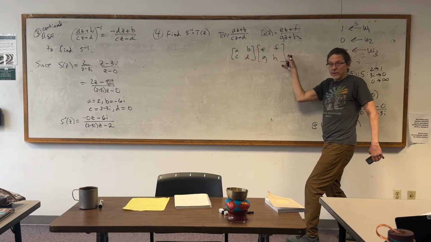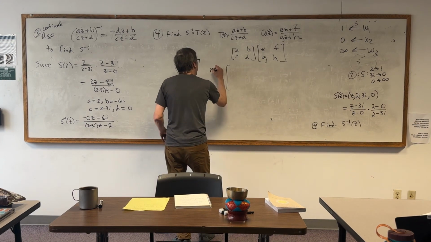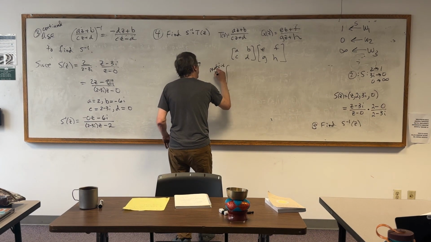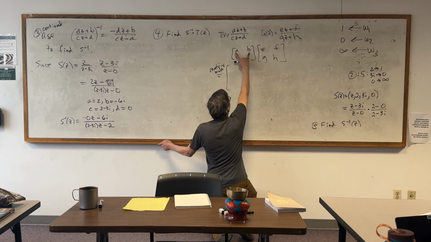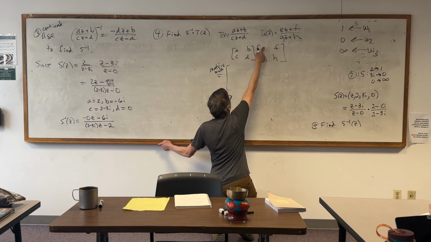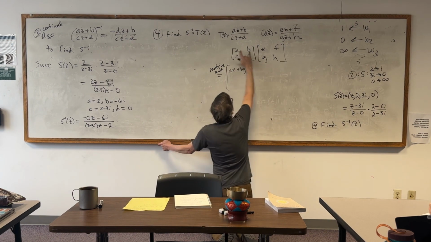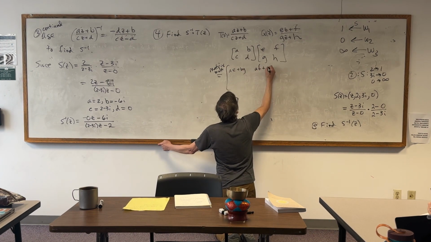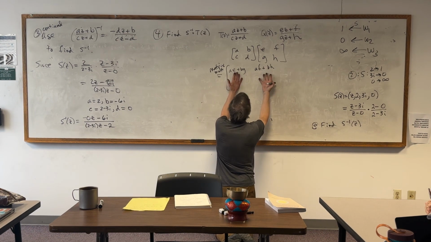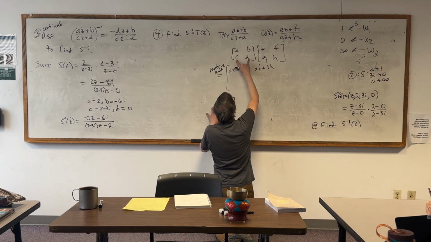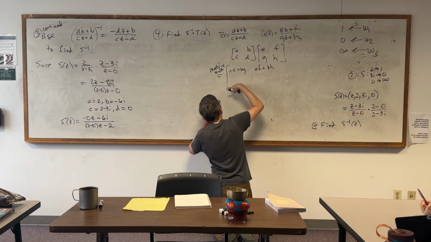Don't remember this formula, just remember the rhythm: row dotted with column gets you the corresponding entry.